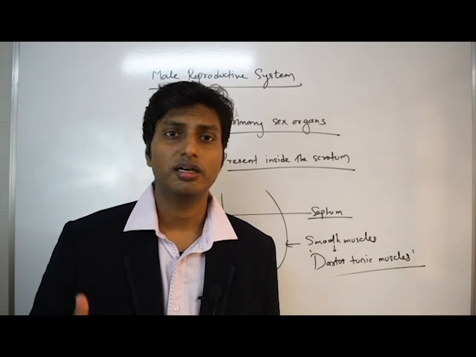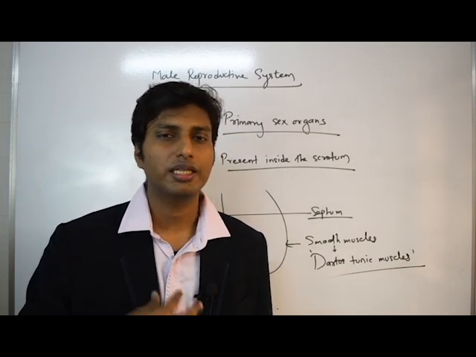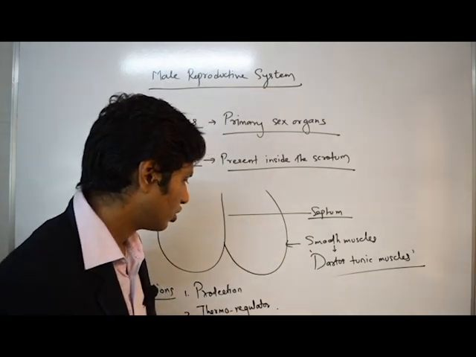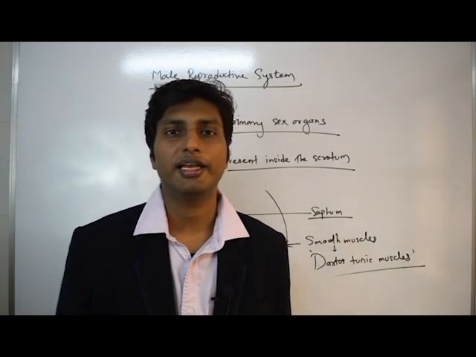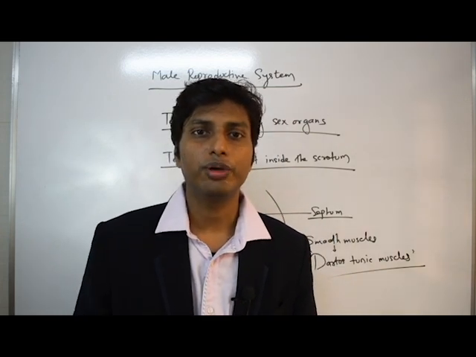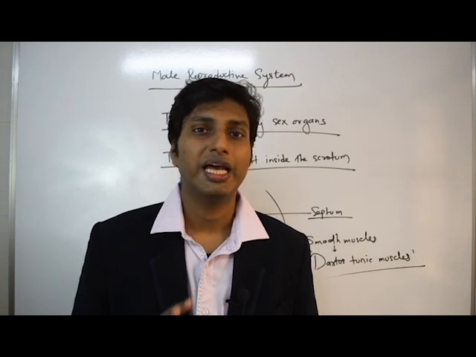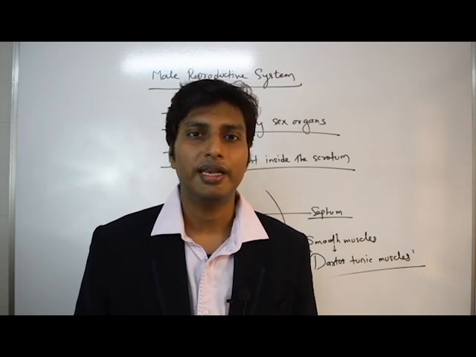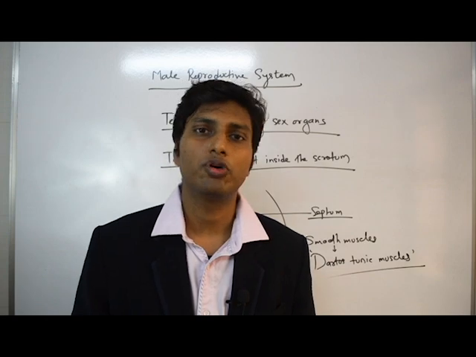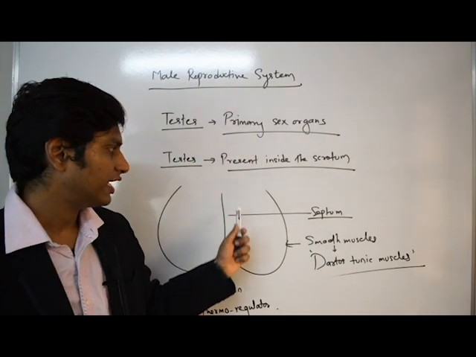So hence the temperature which is inside the testes is 2 to 3 degrees Celsius lesser than the body temperature, and the scrotum helps them in maintaining that temperature. So these are the two important roles of scrotum. One we said is protection of the testes, and second is to maintain the temperature of the testes, or you can say thermoregulation.